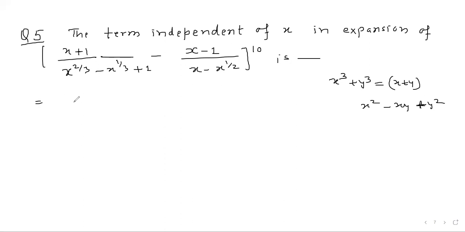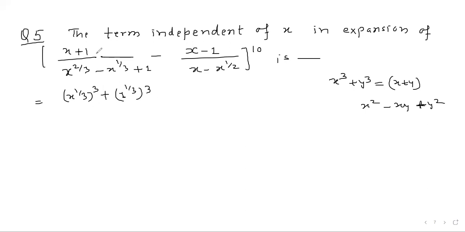So we write it: x plus 1 can be written as x power 1 by 3 whole cube, x can be written as x power 1 by 3 whole power 3 plus 1 can be written as 1 power 1 by 3 whole power 3.